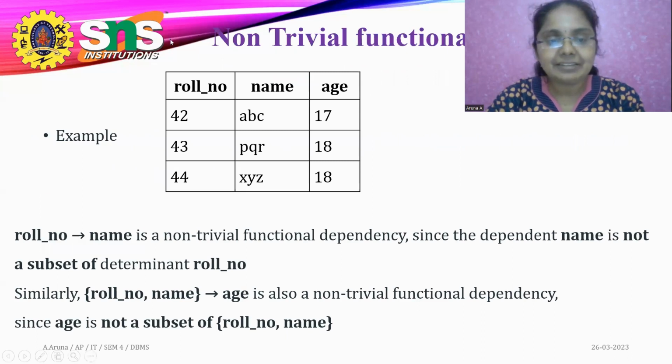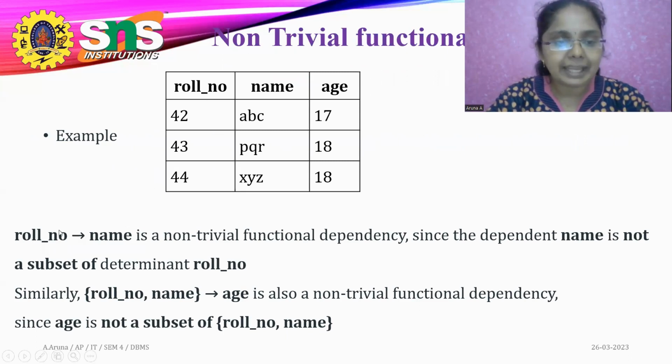Next we can see an example. Roll number is my X value and name is my Y value. By using the roll number, we can identify the name. See this particular table: if I take 42, definitely the person is ABC and his or her age will be 17. If it is 43, definitely it will be PQR. If it is 44, we can identify the Y value.